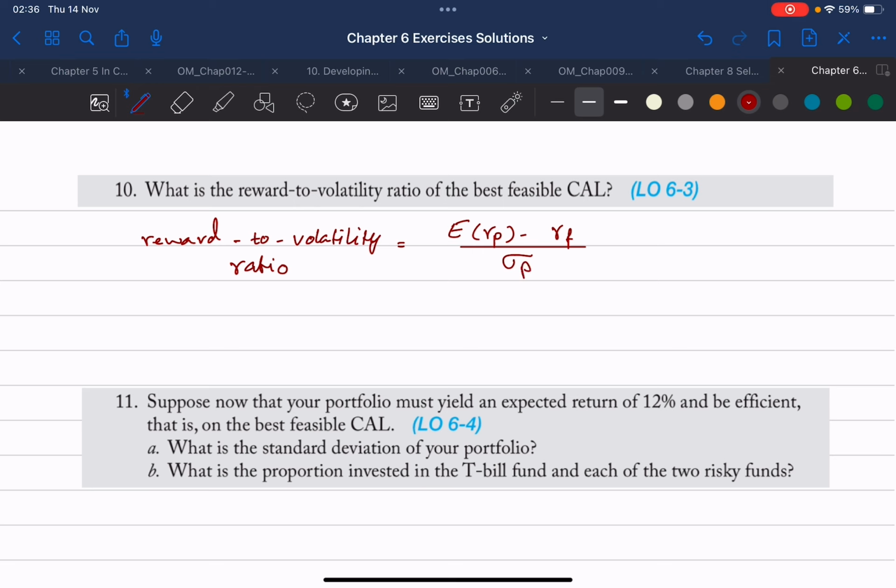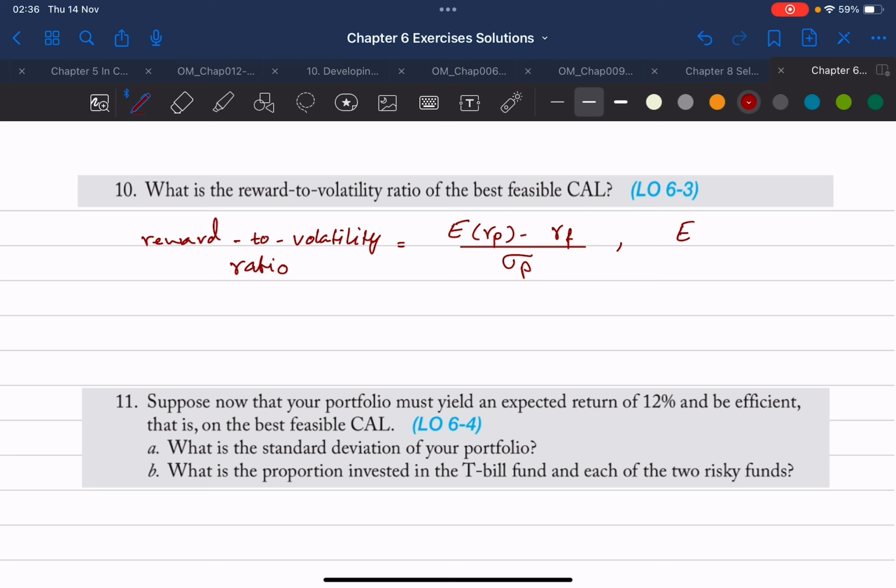And for this particular question, the inputs that you should know, or should be given to you if you get a similar question, would be all given. So you would be given the expected return on the portfolio, you would be given the risk-free rate, and you would be given the standard deviation on the portfolio. So what are these data for this particular question?